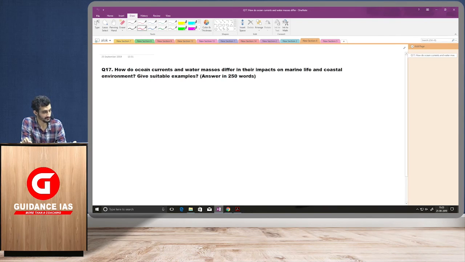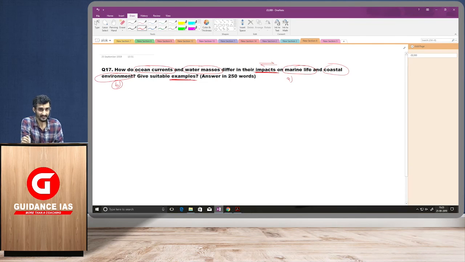So if you look, there is one theme called ocean currents, there is another theme called water masses, and how they differ in their impacts. For impact we need to show the linkage first on marine life and then on the coastal environment differently. So these are the main headings, and also we need to substantiate them with the help of examples.